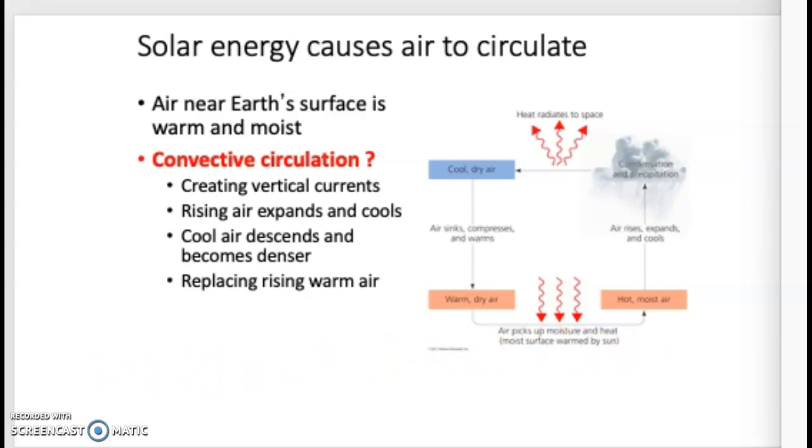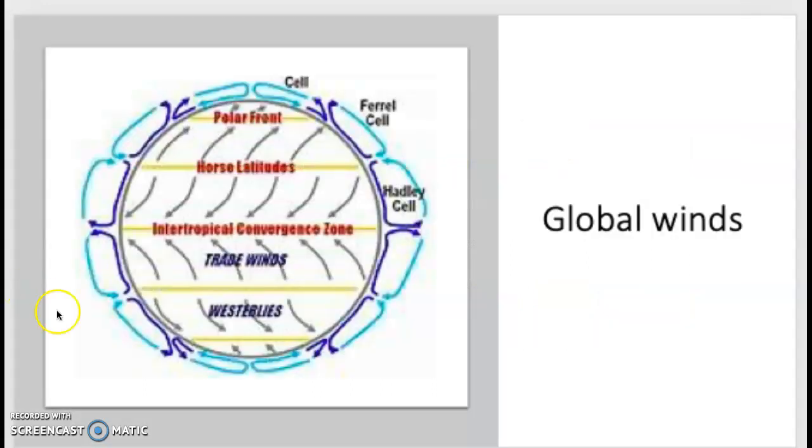You need to be able to just describe that process and not really look at all of the other factors, such as where exactly the trade winds and the westerlies are, but understand this idea of global wind patterns.